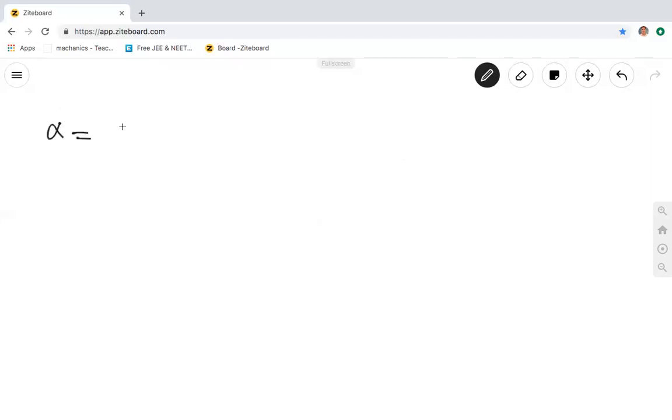Alpha is equal to f divided by v square sine beta t. Find dimensions for alpha and beta. Good? How can you do it? First of all, the dimension of this alpha is the same as what?